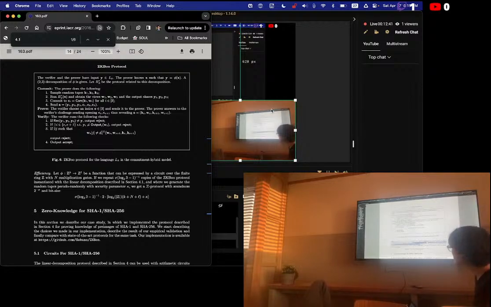we repeat this copy of the ZKBoo protocol, we can get the soundness. So 256, or what's the soundness goal? Like 100? I think its value is actually, for example, 100 or 128.